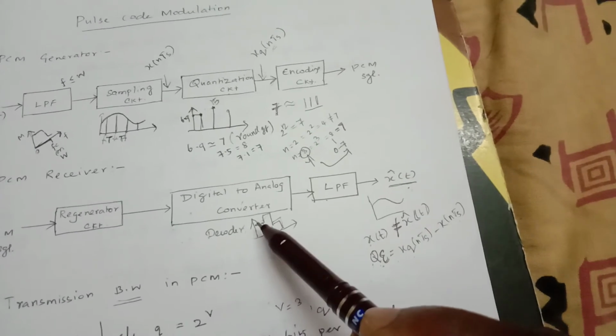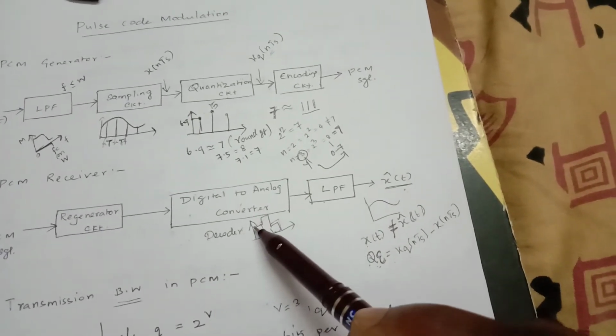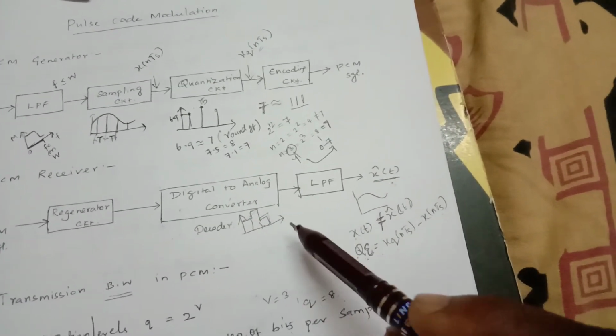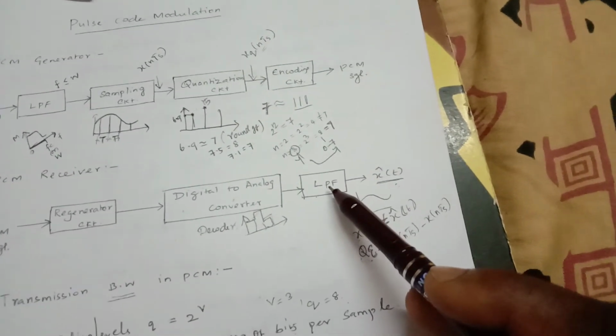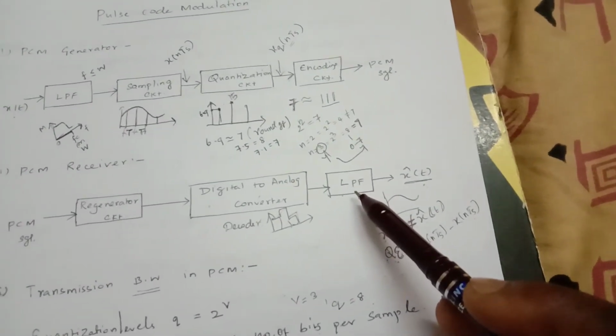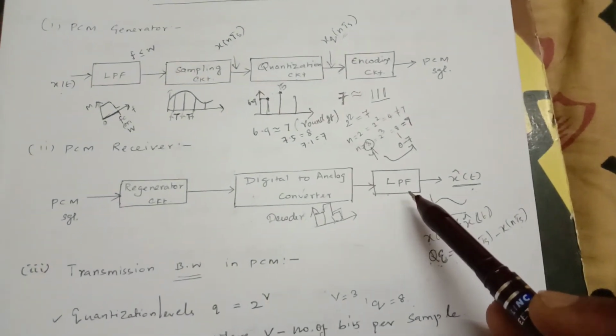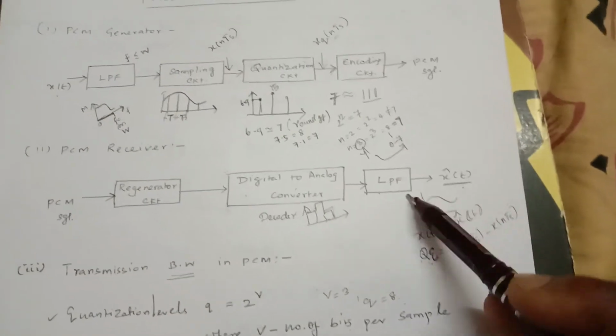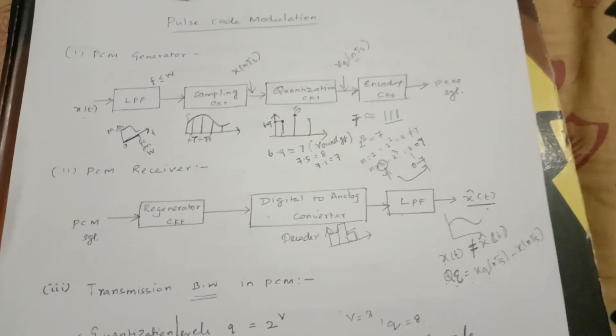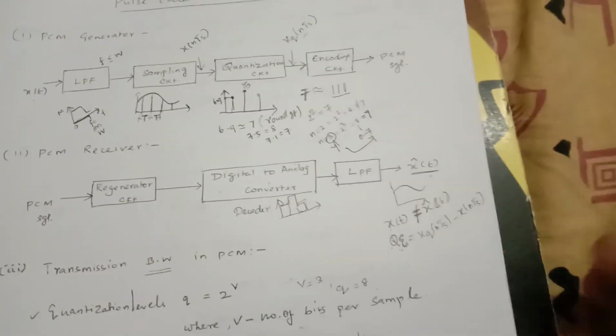It means the nature of the DAC output is stepped, right? Now it is given as the input to the low pass filter. That filter is used to smoothen the slope, the edges of the signal.